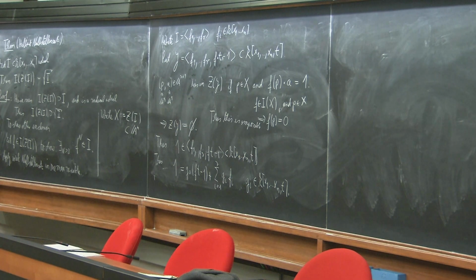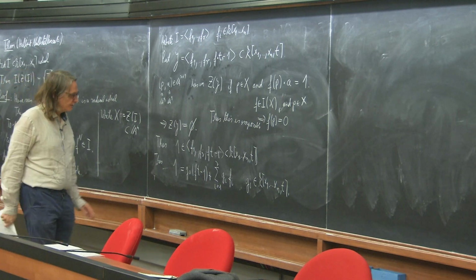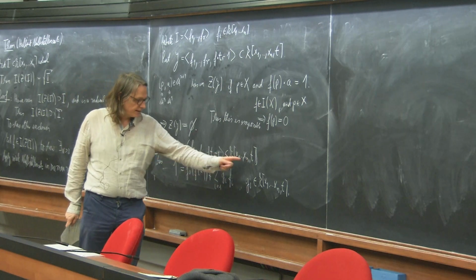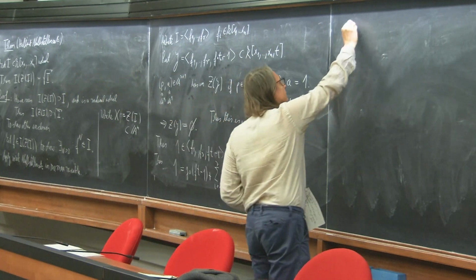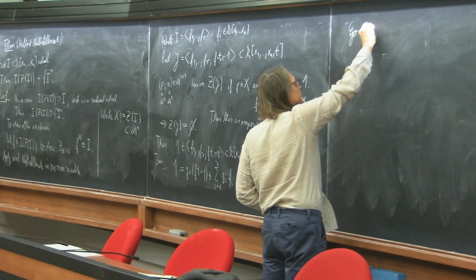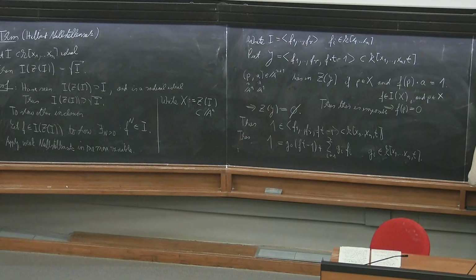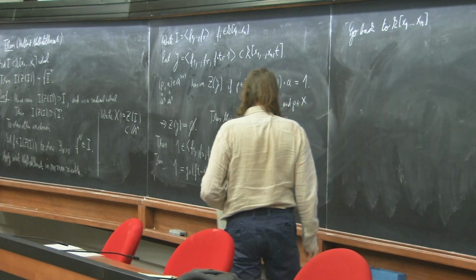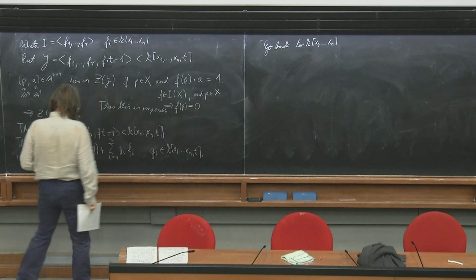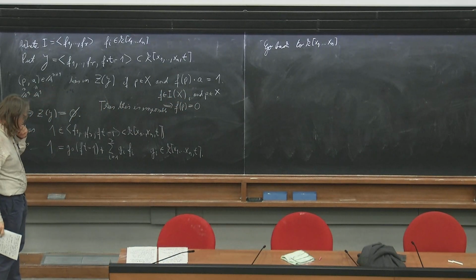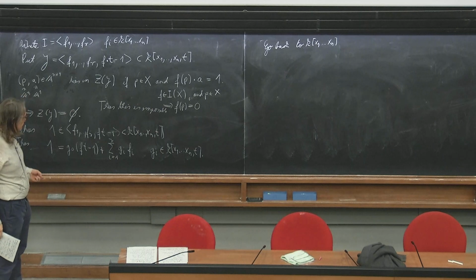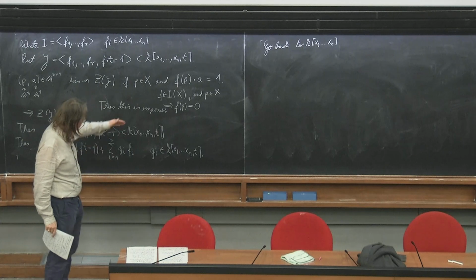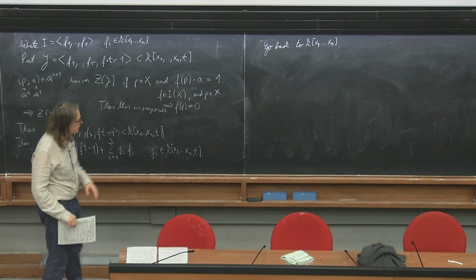So what we actually need to do is come back to the original ring k[x1 to xn], and we do this by going via the fraction field of this polynomial ring. There's a homomorphism from this polynomial ring to the fraction field.